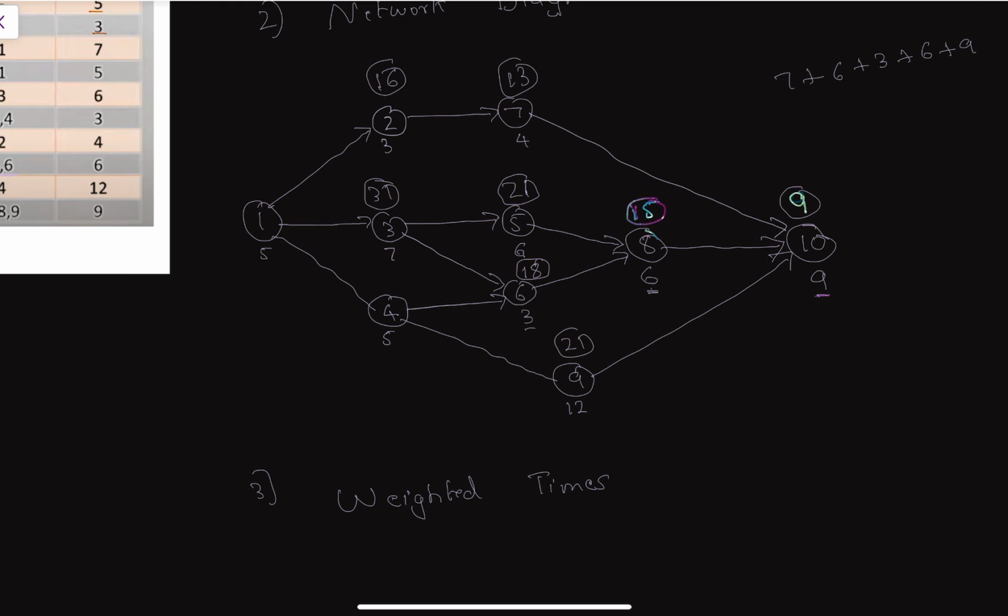Okay, then for 4 it will be, again for 4 you need to sum. See, it goes like this through 6, 8, 10, and also to 9 and 10. So it will be 3 plus 6 plus 9 plus 12.